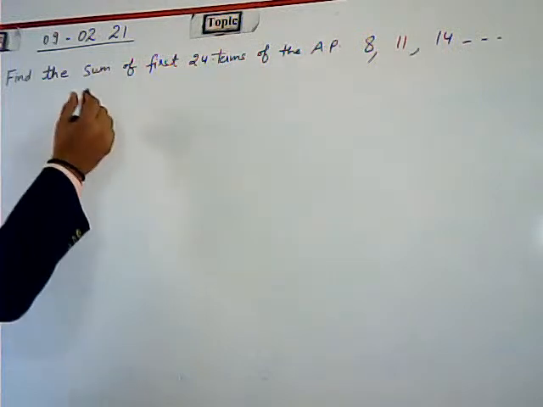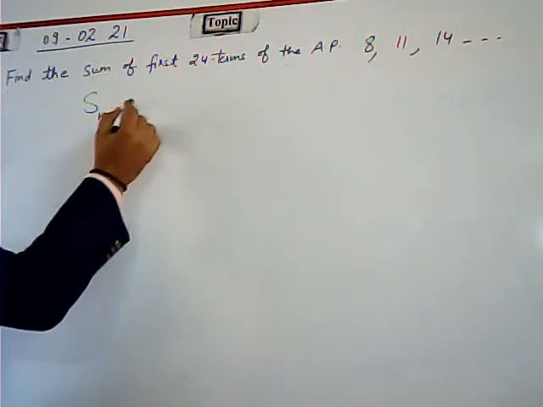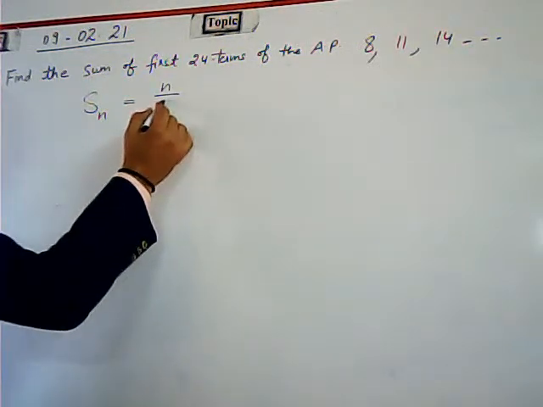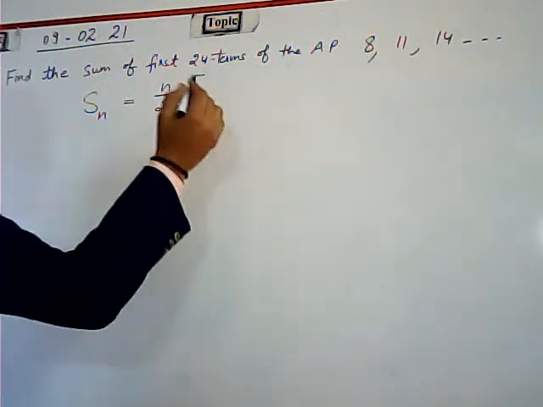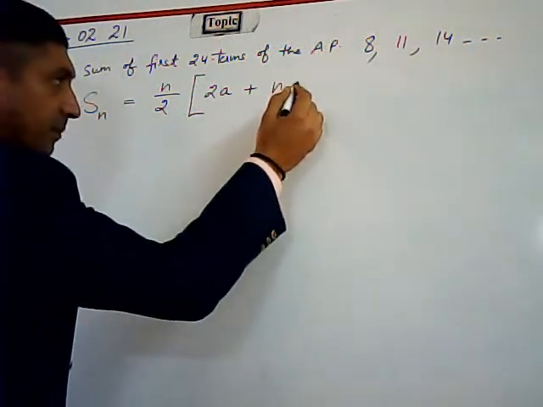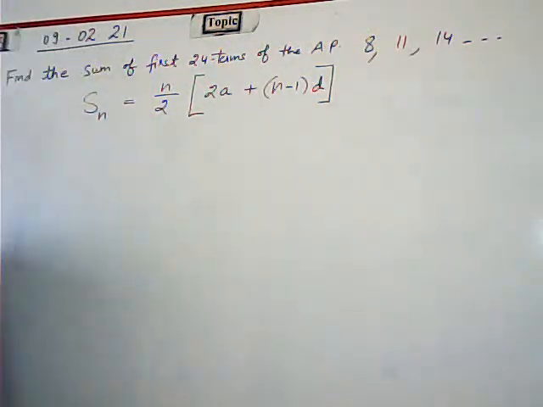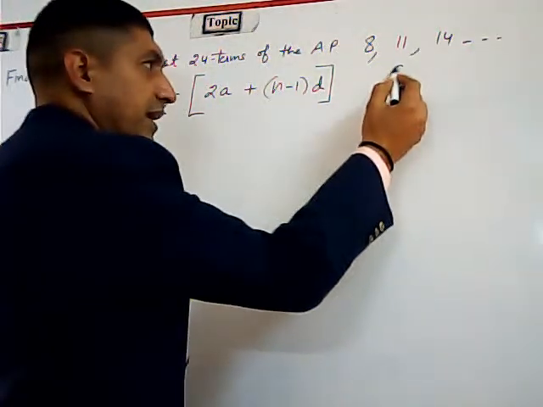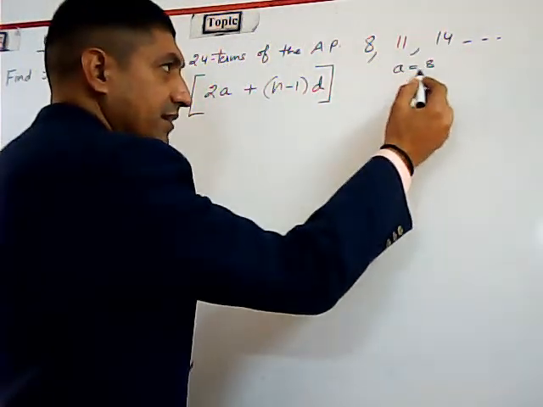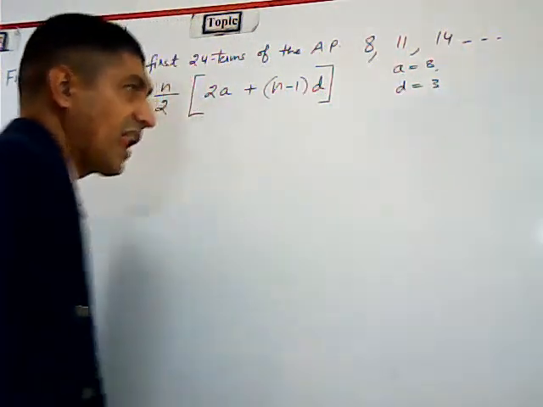We have studied that the sum of n terms is equal to n by 2 into twice of a plus n minus 1 into d, right? In this case, a is 8, common difference d is equal to 3.